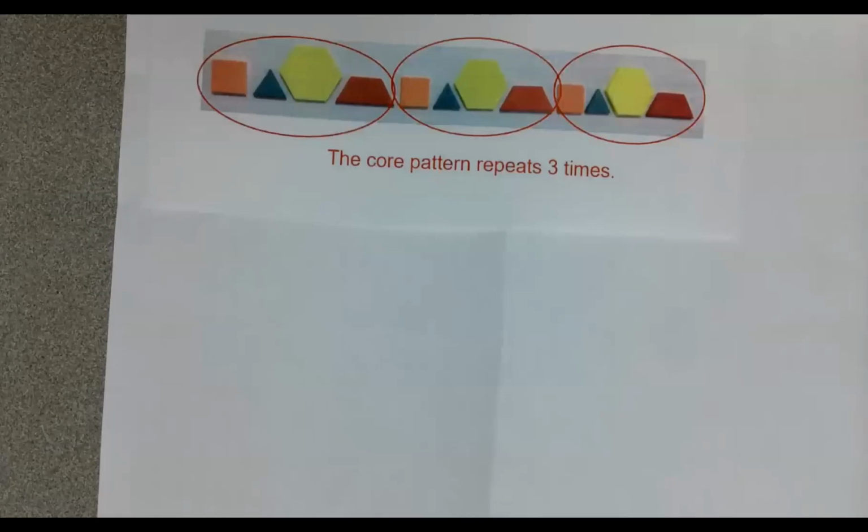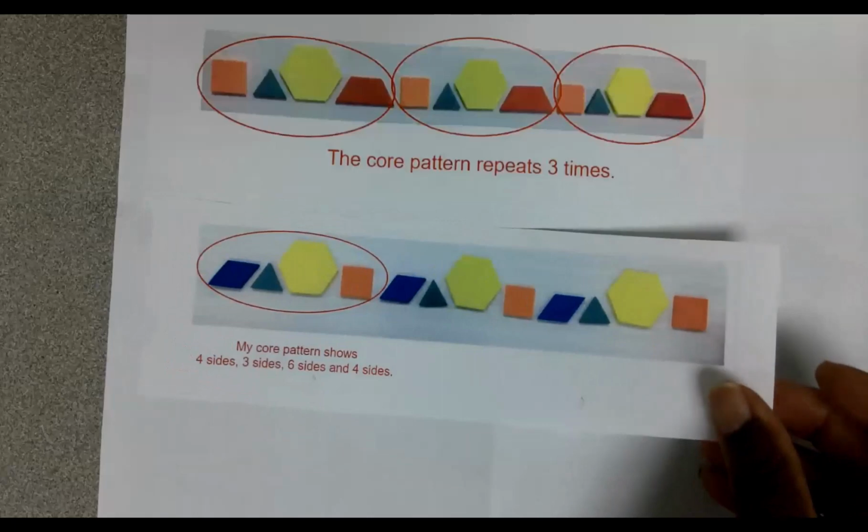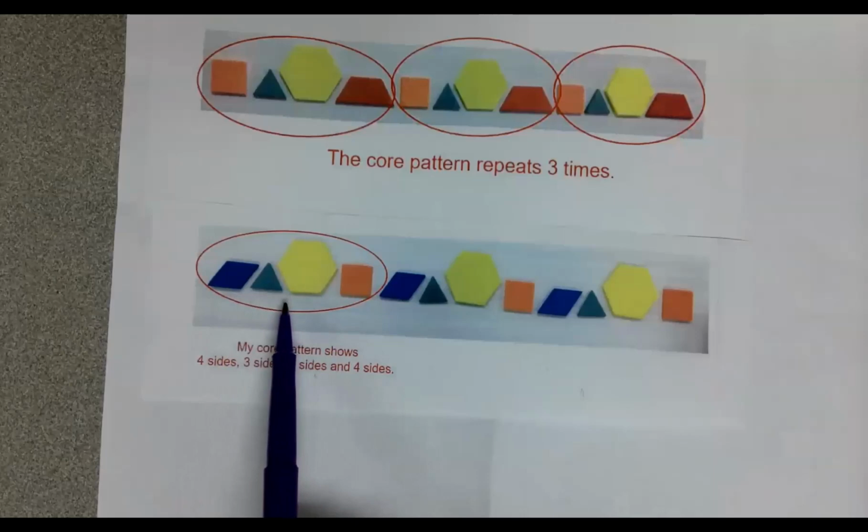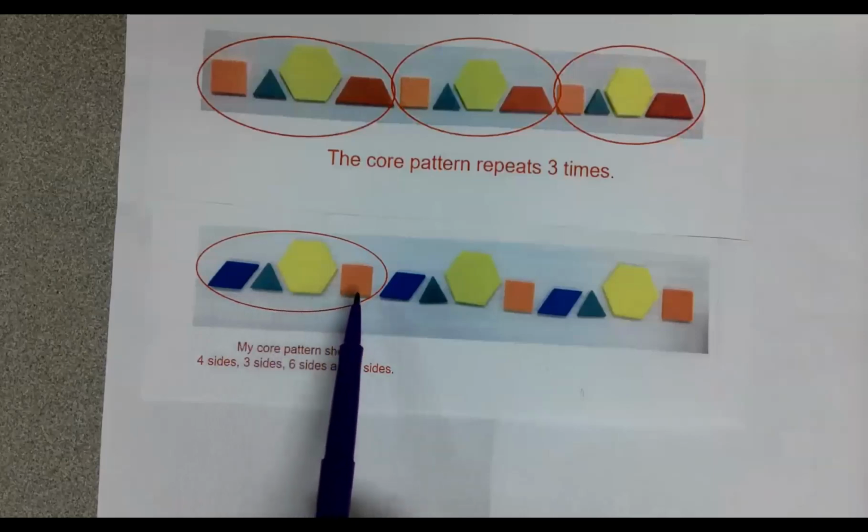Now that we have discussed identifying the core, let's talk about creating a new example based on the core pattern. This is the example given in the sample or suggested lesson on the pacing. It shows the core of the pattern, 4, 3, 6, 4.